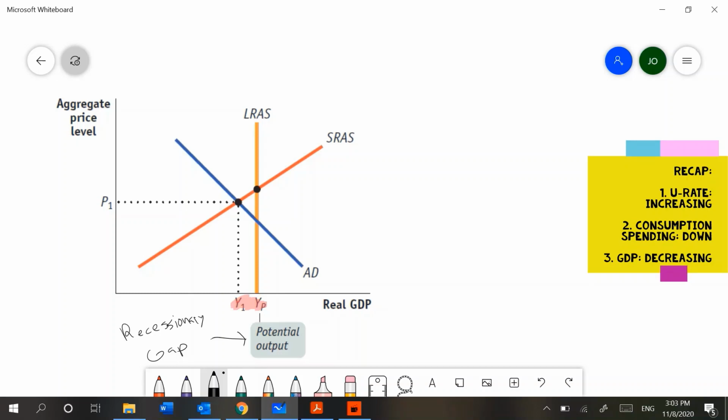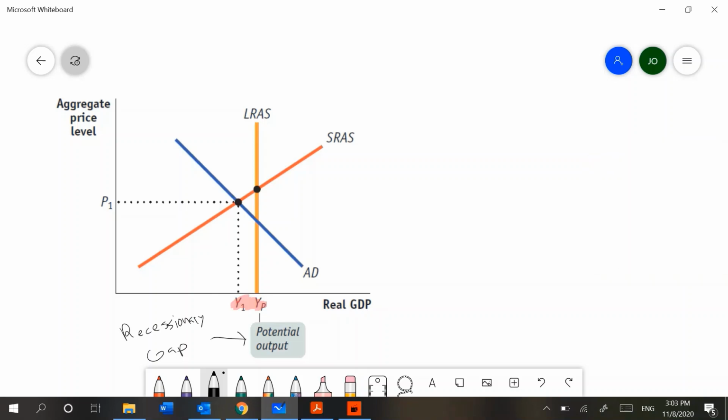So what steps could the Federal Reserve take in order to alleviate the effects of this recessionary gap? As you can see from the graph, we must be able to go from our current equilibrium back to normal, which would be somewhere around equilibrium 2.